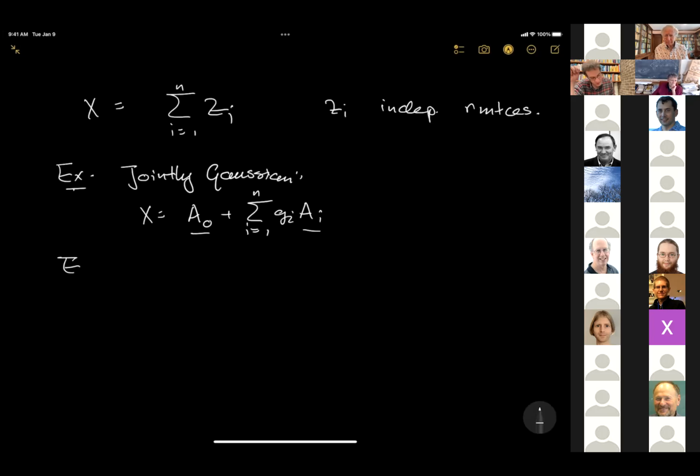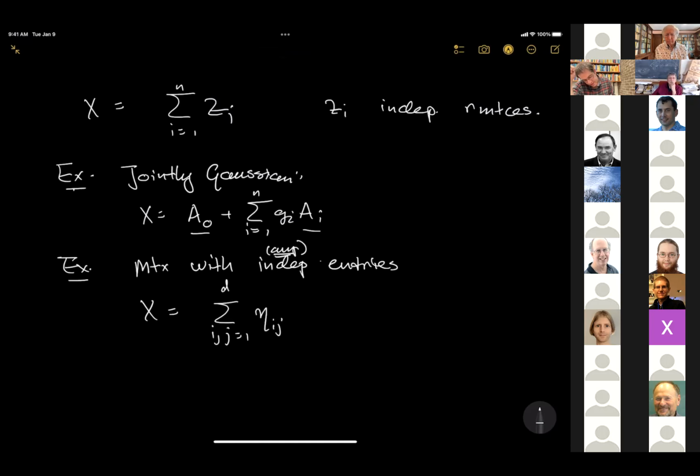Or, for example, a matrix with independent entries, but with any distribution. I could write X as the sum over i,j from 1 to d of some scalar random variables times the rank 1 matrix, which just puts a 1 in the ij coordinate, etc.